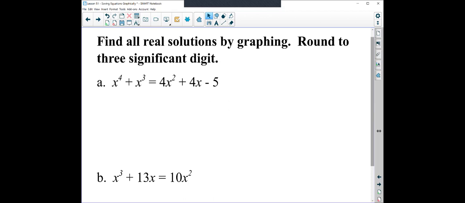X to the 4th plus x cubed equals 4x squared plus 4x minus 5.